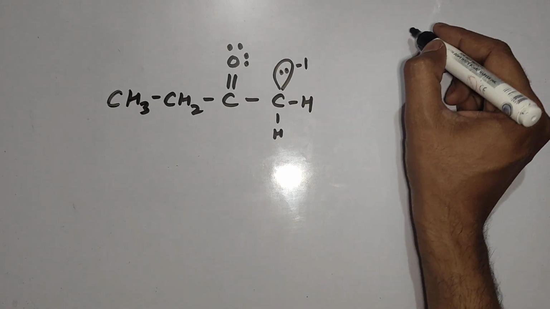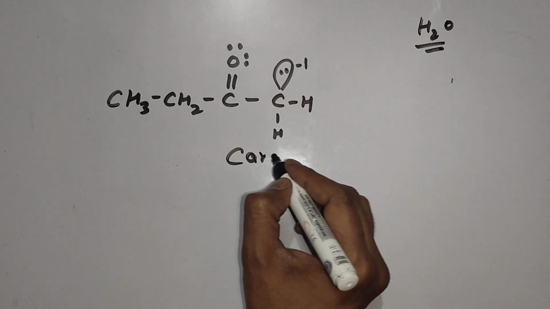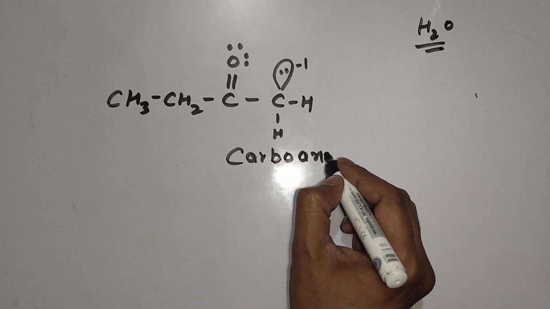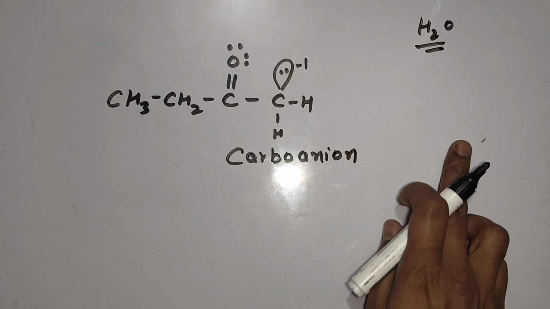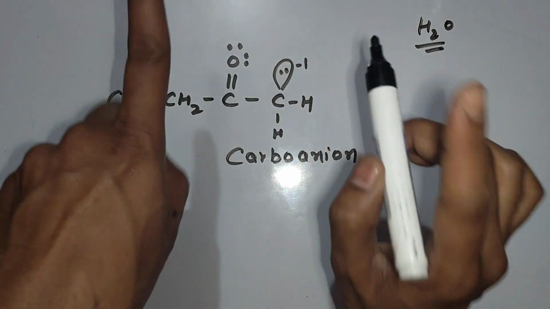OH negative, H positive, H2O. This is a carbanion. Now this carbanion is getting stability through resonance.